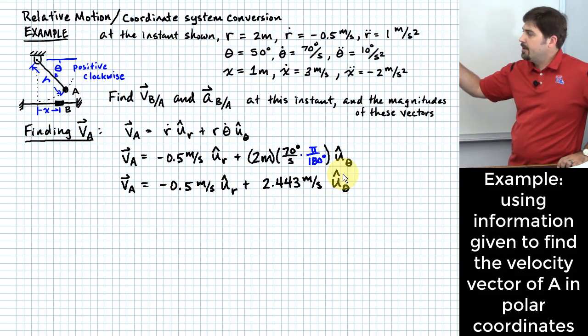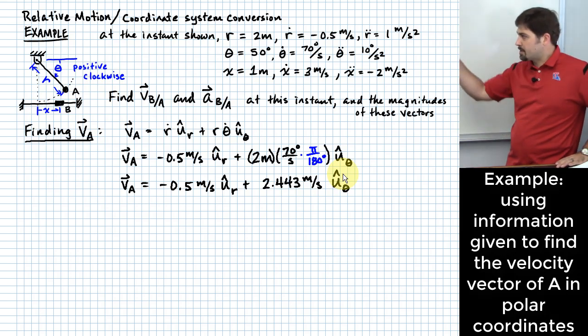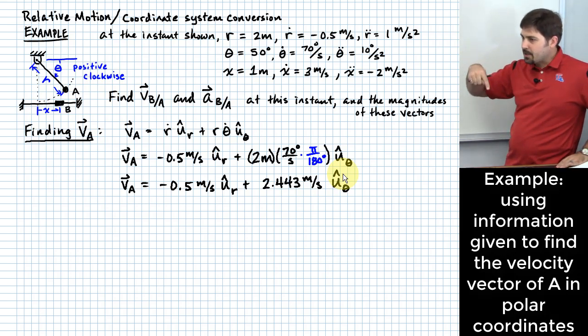And right now, it would be hard, it's not impossible, but it would be difficult for us to express the velocity of B in terms of this polar coordinate system. It's probably easier to convert what we just came up with here to a rectangular coordinate system so that we can do these additions of our vectors.